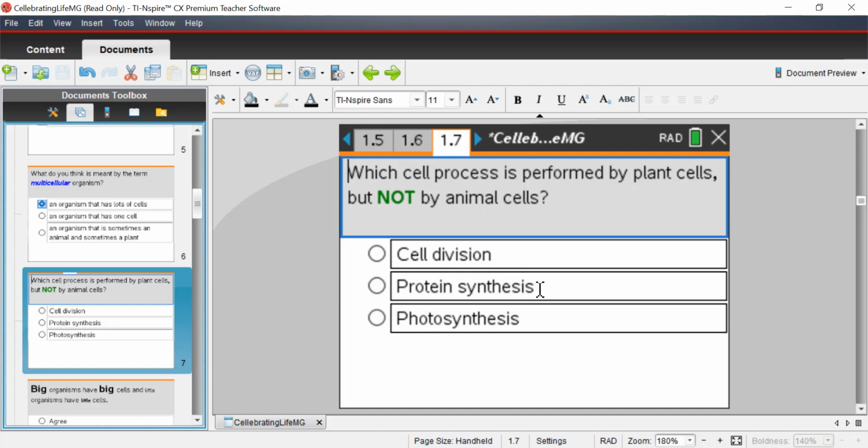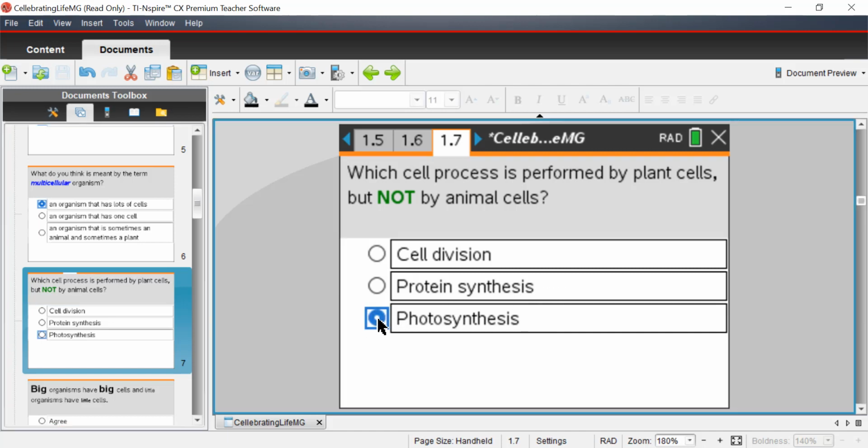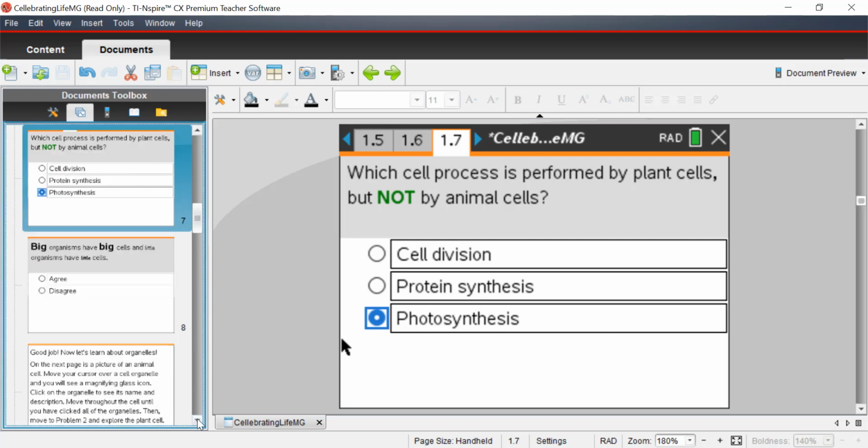The maple trees get a lot bigger. Protein synthesis, both animal and plant cells also synthesize protein. Protein is needed by both kinds of cells. But photosynthesis is unique to plant cells. Photosynthesis basically takes energy from the sun and turns it into stored energy. You'll learn more about that in a different lesson.